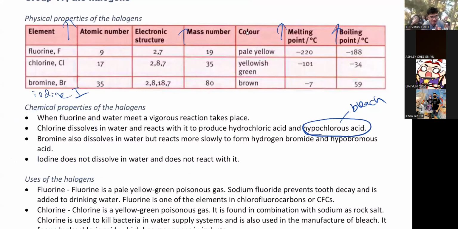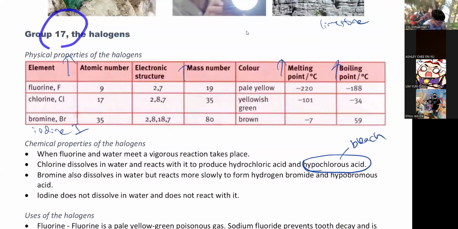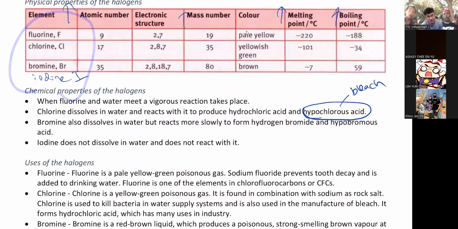And you know what's the bad thing? All group 17, all of these they are very poisonous. All right. Fluorine, chlorine, bromine, iodine, they are all very dangerous. All right. And of course, the front 2 they are the most dangerous. So don't play with chlorine or fluorine gas.